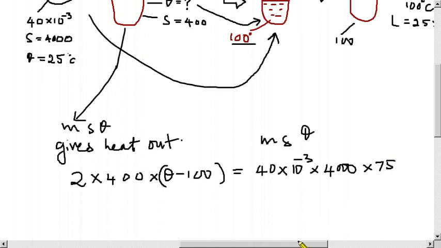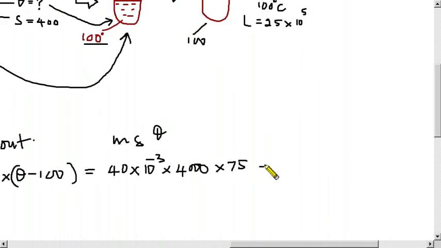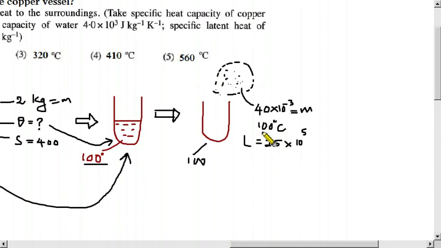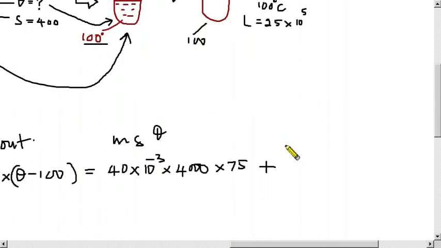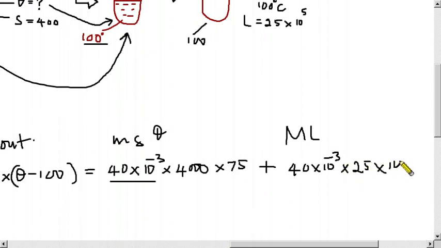That is the temperature change. Then plus, the total amount of water converted into vapor also absorbs heat, so we have to write the ml term. M is this total mass, 40 times 10 power minus 3. L is 25 times 10 power 5. So we have finished writing the equation.